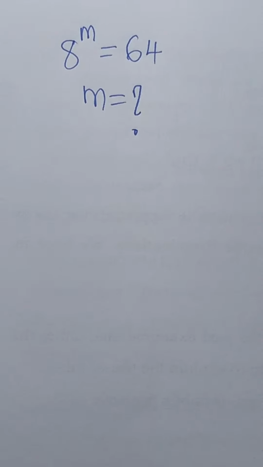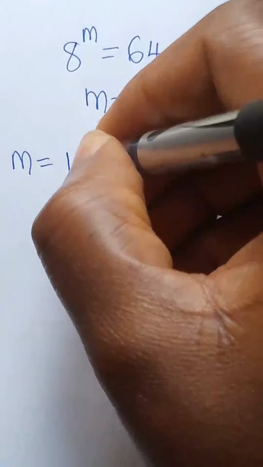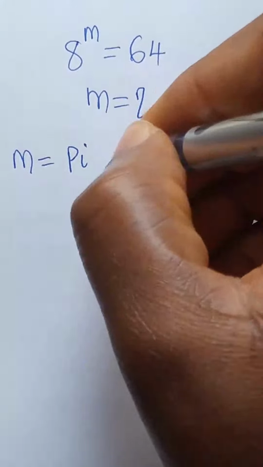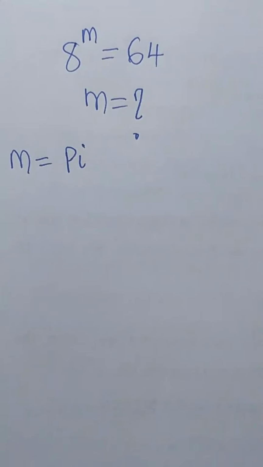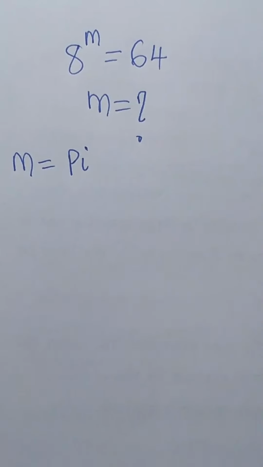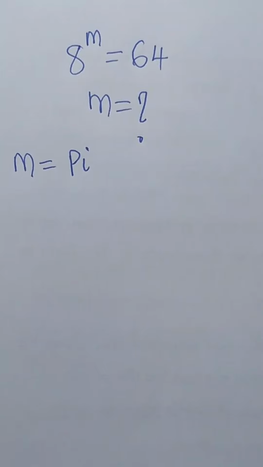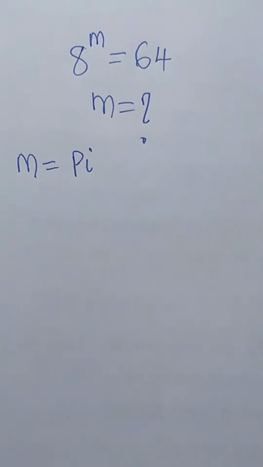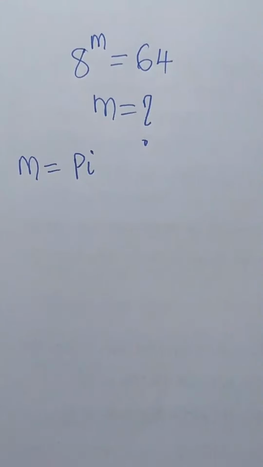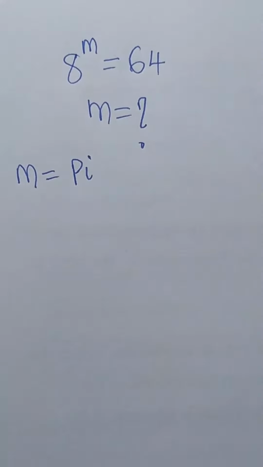m is equal to pi. Right? Let me write m is equal to pi. All right. So pi is equal to 22/7, right? So that's the pi you're talking about. I want to be sure of the pi you're referring to. Okay, 3.14.